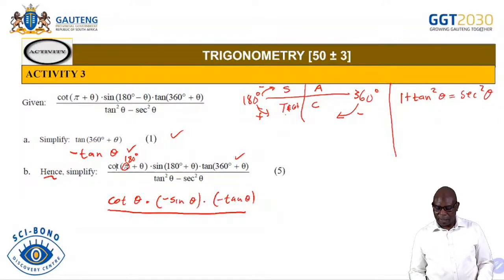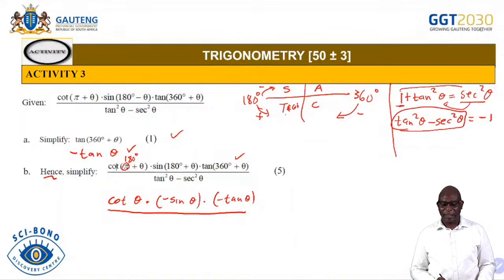If I take sec squared of theta to this side and 1 to that side, I'll have tan squared of theta minus sec squared of theta equals negative 1. Can you see now that the whole thing there is minus 1? So instead of writing all this, I'll write minus 1. Be careful when you're dealing with this, because then you'll have issues like this.